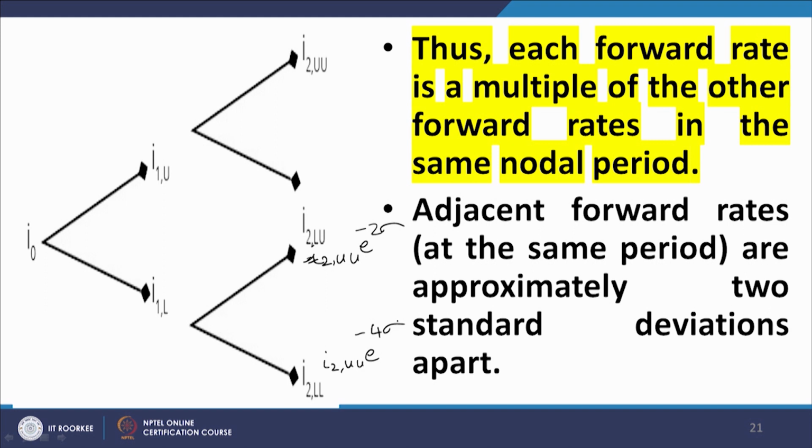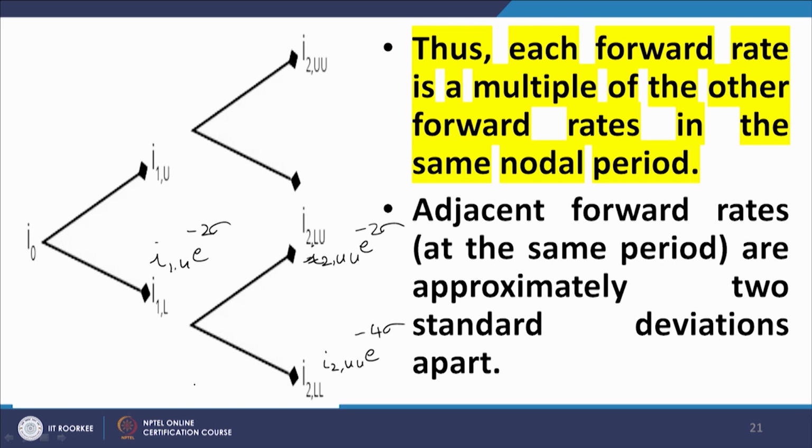Therefore, each forward rate is a multiple of the other forward rates in the same nodal period, as you can see here. As you can see here as well, this will be equal to I1u e to the power minus 2 sigma. Adjacent forward rates at the same period are approximately 2 standard deviations apart.